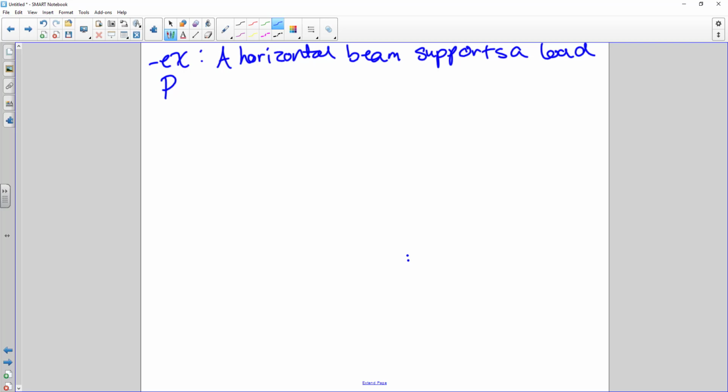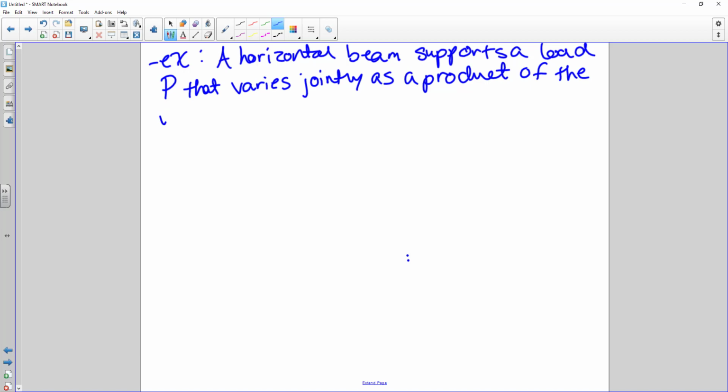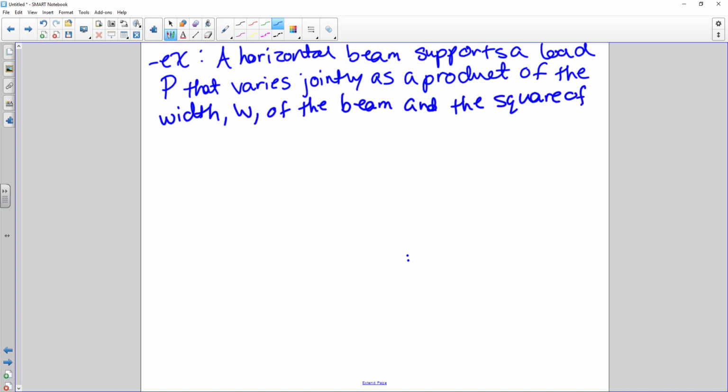So a horizontal beam supports a load P that varies jointly as a product of the width W of the beam and the square of the depth D, and inversely as the length L.